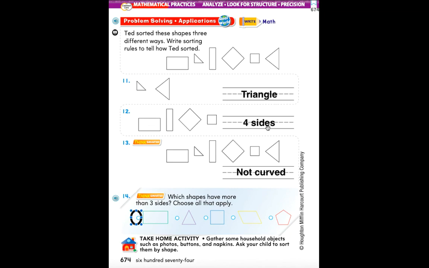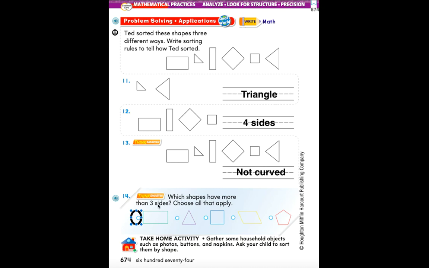So four sides, you can also write four vertices. Now, these shapes are rectangle, square, rectangle, triangle, rectangle, square, square, triangle. These are not curved shapes. Only the circle is a curved shape.